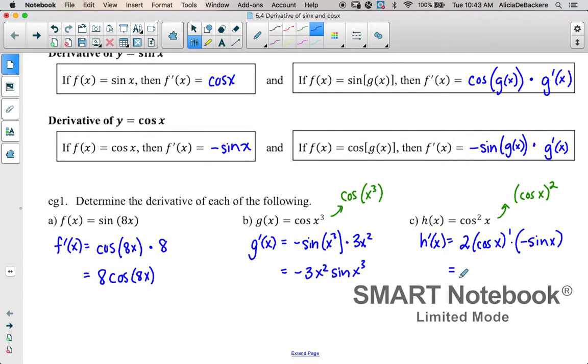And then just cleaning this up, we'll bring the negative 1 to the front and multiply it by the 2. And then typically when we have a sin x and a cos x being multiplied, we put the sin x first and then the cos x. I wouldn't be as fussy about that, but definitely that multiplier with no x needs to be at the front of your string of multiplication.